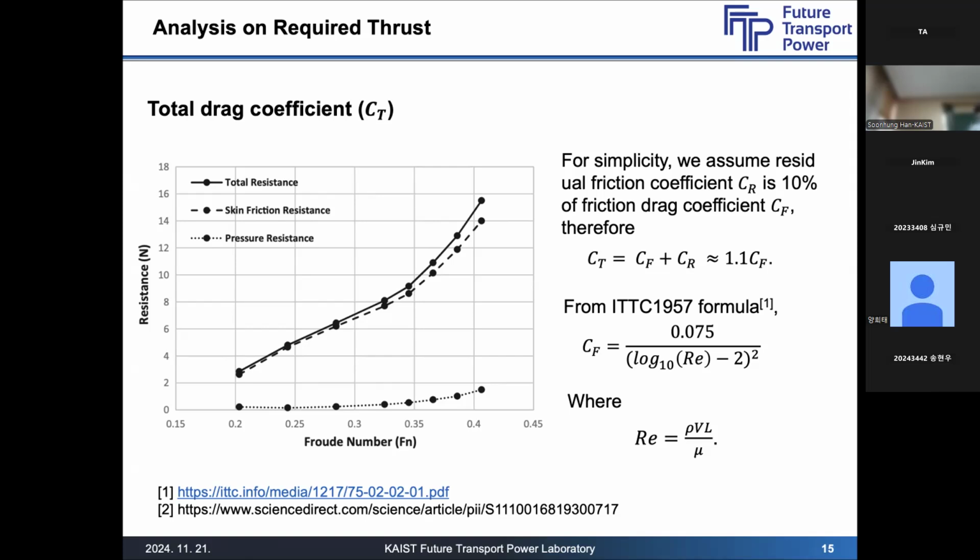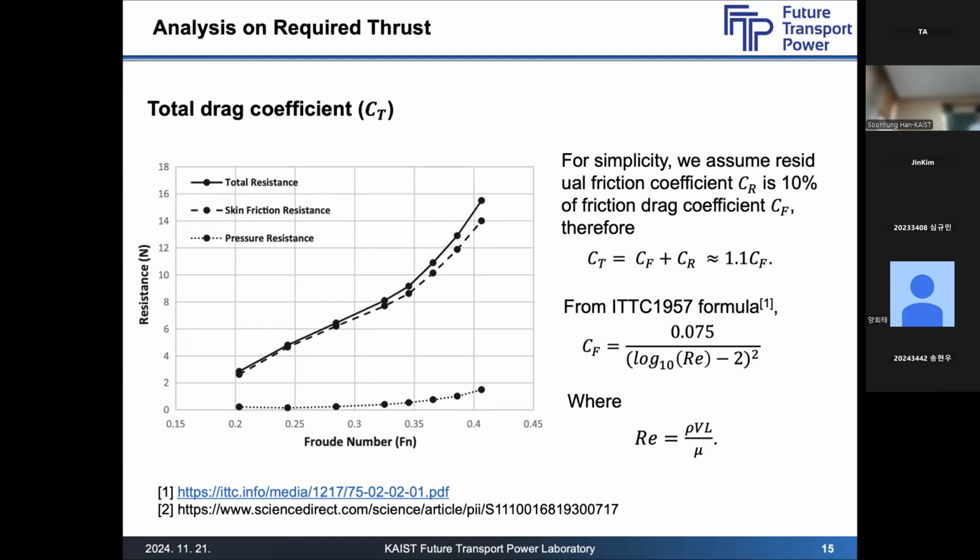We are doing this because we can compute the friction drag coefficient by a simple approximation formula. However, C_R, the residual drag coefficient, is an involved process to compute; we need either computational simulation or an actual test with a scale model.